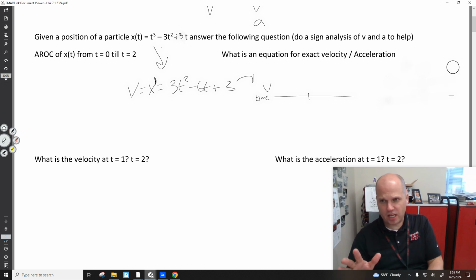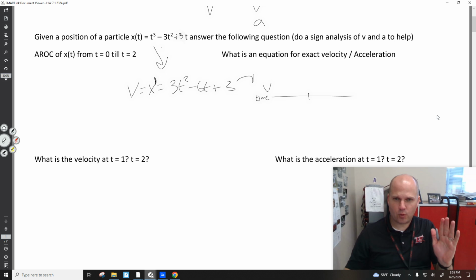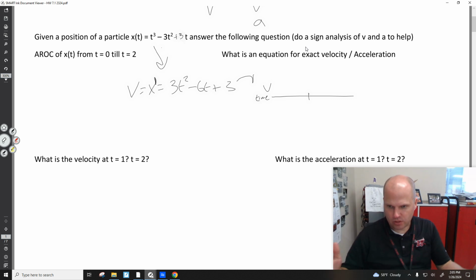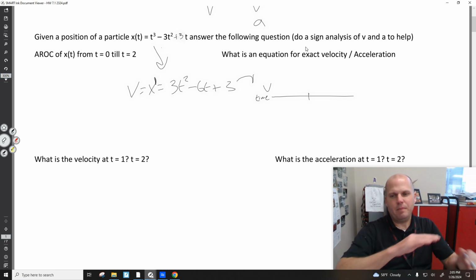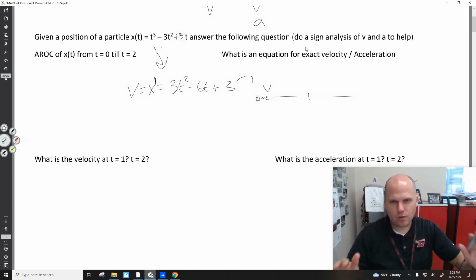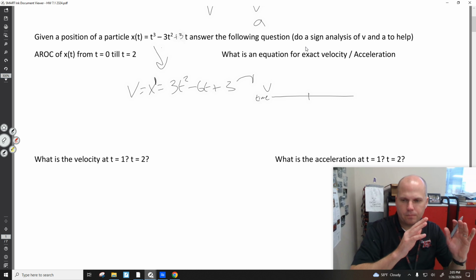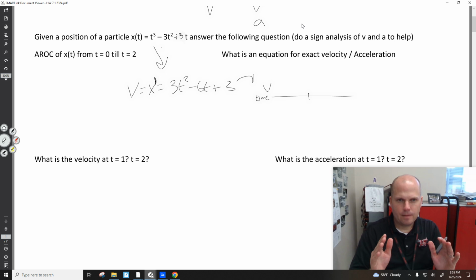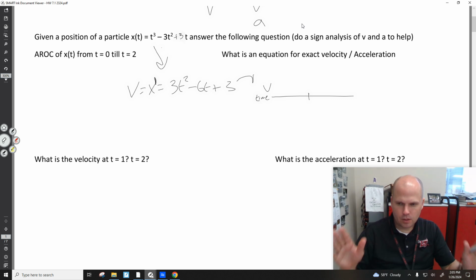So make sure you understand, we remember the guy moving back and forth, which is like the graph that we used to sketch, but I don't want you to sketch the graph. So maybe don't even think about the guy moving back and forth unless you really know what's going on. Two different things.